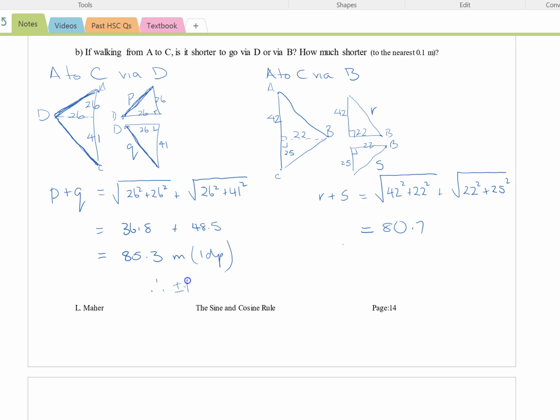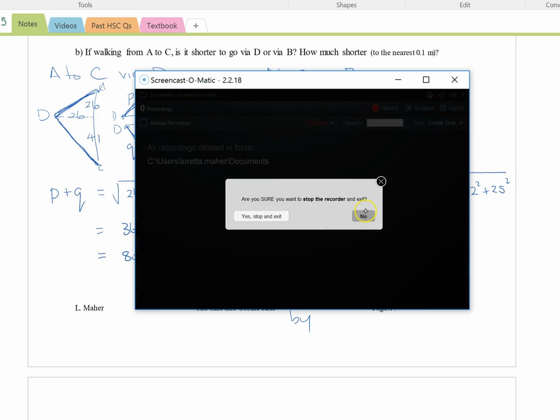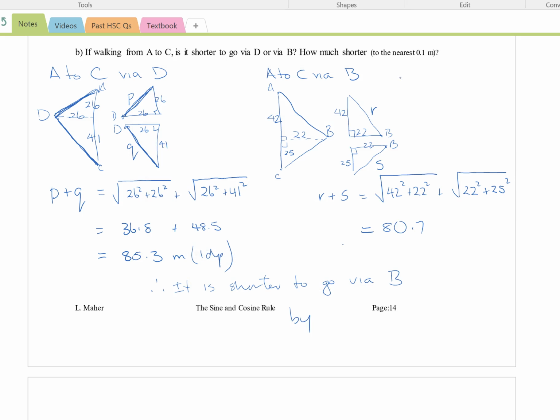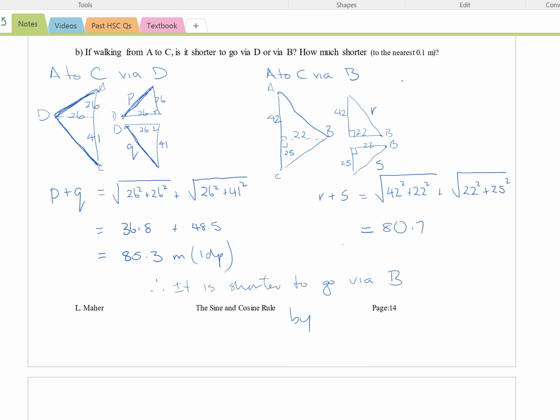Therefore, it is shorter to go via B, by the difference between 85.3 and 80.7, which I think was 4.6.